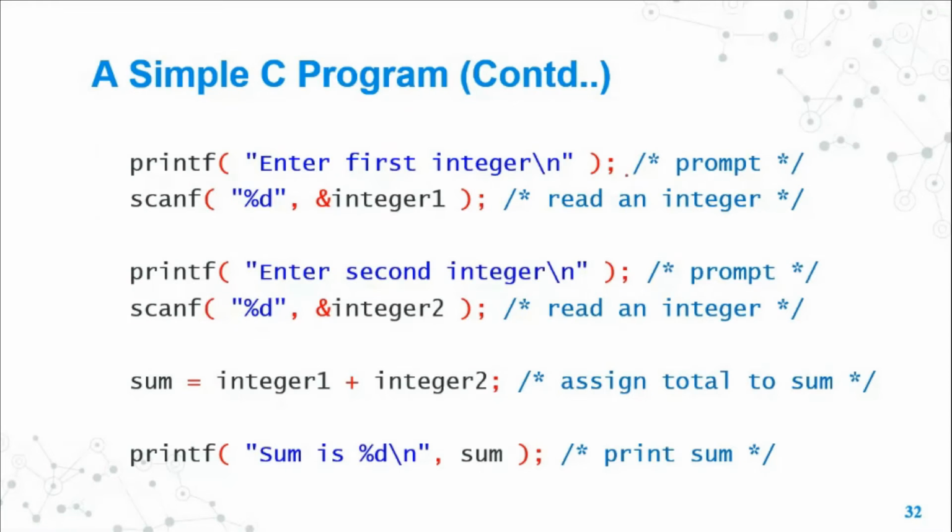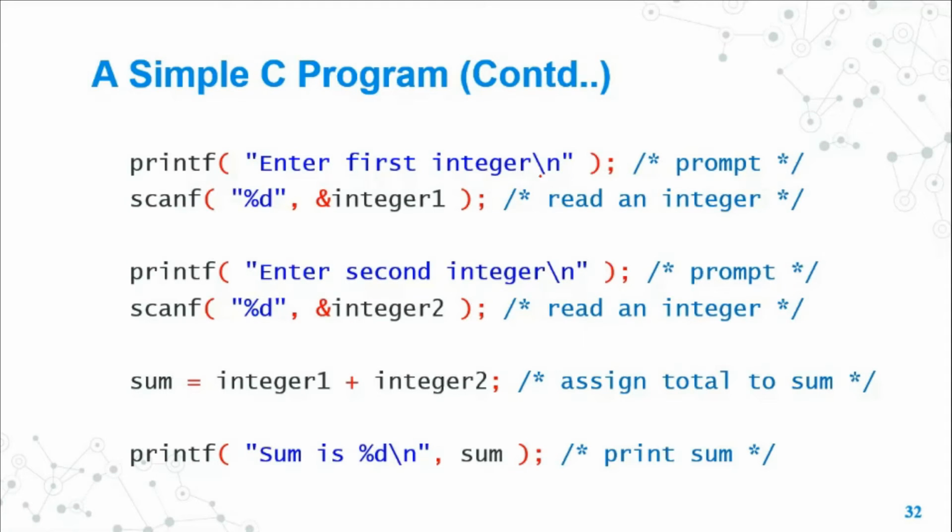Note that this particular line also terminates with a semicolon. All the statements that should be executed should be terminated with a semicolon in the case of a C program. So this line, "Enter first integer", will be displayed on the screen.